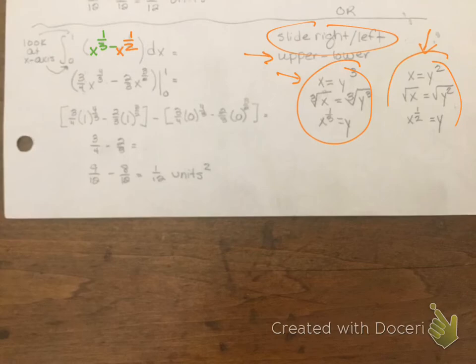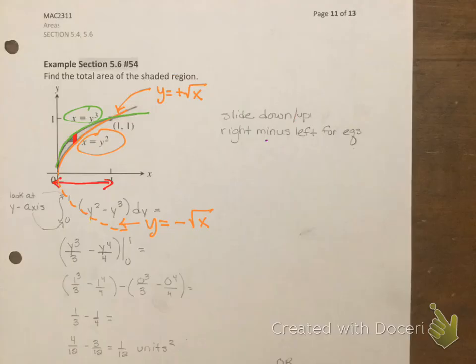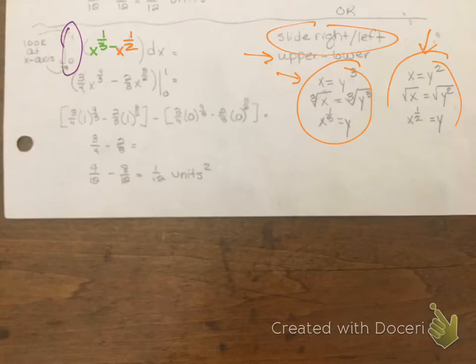Let's go back and look at my boundaries for a minute. Hey, look, my boundaries here are still the same. My boundaries are from 0 to 1. I'm assuming that you can handle all this integration, and gee whiz, guess what? We still got the same area. Well, we better have gotten the same area. The region that we were finding the area of didn't change. Just how we integrated did.